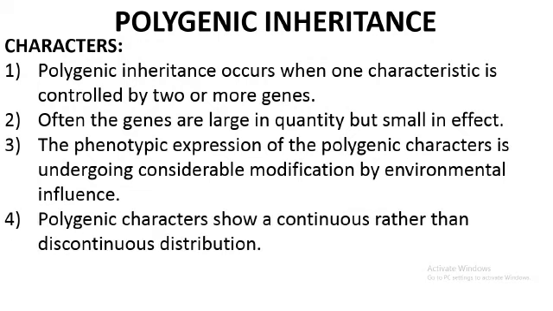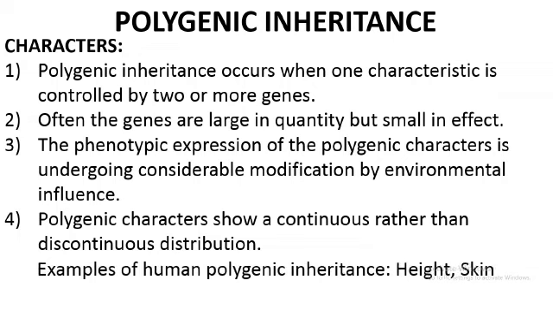Fourth important thing is polygenic characters show continuous rather than discontinuous distribution. That is, in a population there are many characters known to be influenced by polygenes. For example, take skin color only. Almost all human beings have skin coloration, and it is continuously present throughout the population.